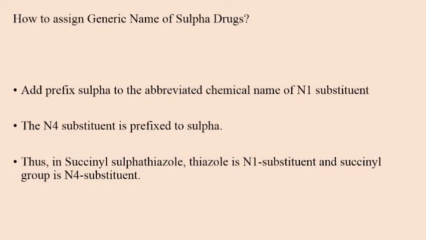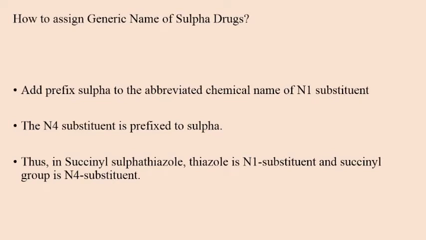That will be the generic name of that sulfa drug, if it is only N1 substituted. If the drug is only N4 substituted, then the N4 substituent is prefixed to sulfa. The sulfa will come after that substituent.